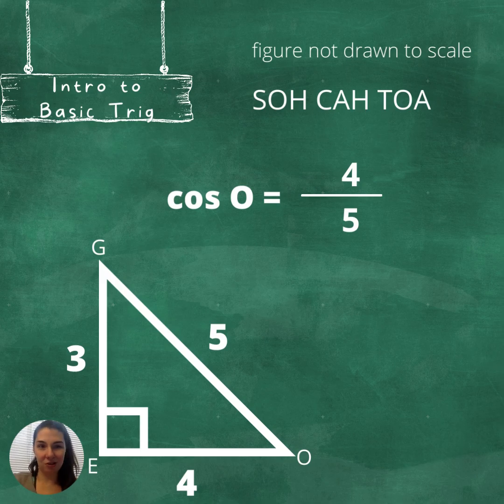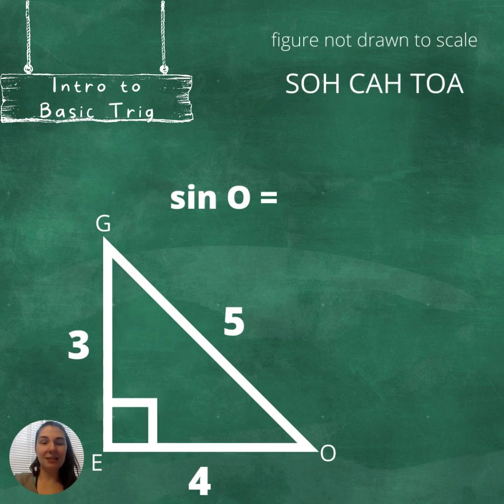Let's do another trig function. Sine of O. Again, our focus is O. We know that sine is opposite over hypotenuse. The opposite of angle O would be GE, which is 3. And the hypotenuse is GO, which is 5. So the sine of O is 3/5.